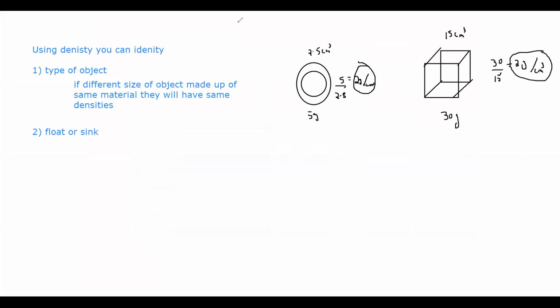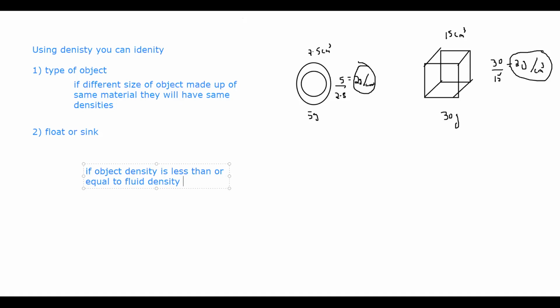How can you identify? If object density is less than or equal to the fluid density. Fluid means both liquids and gases; the term fluid means something which can flow.